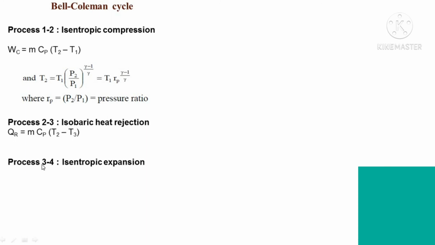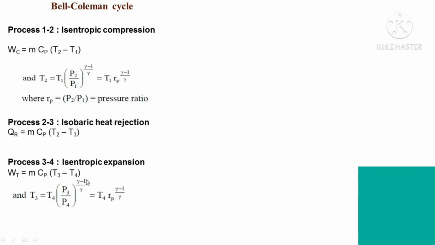Now consider the process 3 to 4, which is isentropic expansion, where the air gets expanded in the turbine and work is developed, that is given Wt equal to mCp (T3 minus T4). As isentropic expansion, use the ratio T3 upon T4 equal to (P3 upon P4) raised to (gamma minus 1) upon gamma.